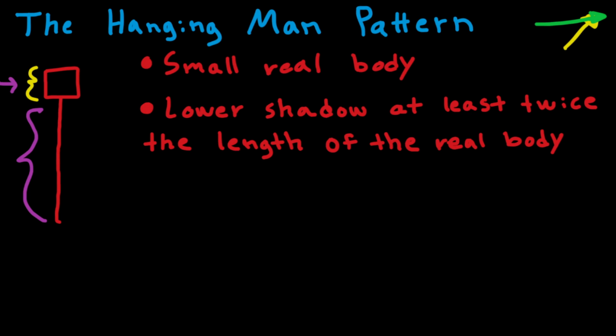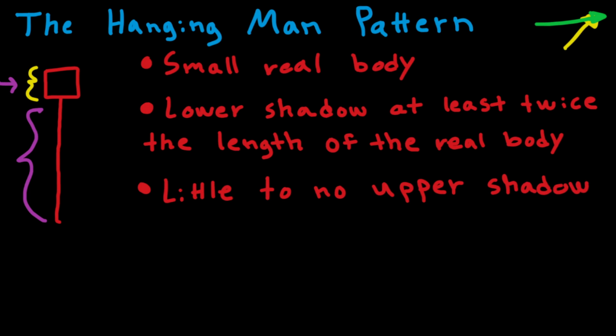And as you can see, that is true for our picture here. A third thing is that it should have no upper shadow, or at least if it has an upper shadow, the upper shadow should be very small. So we can say little to no upper shadow. And I think this is the basics of how the candle looks.